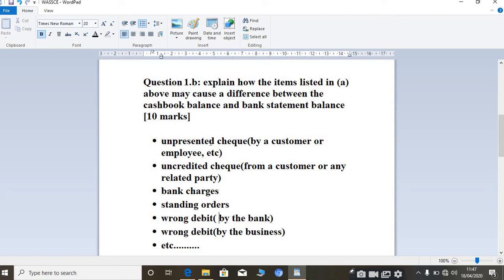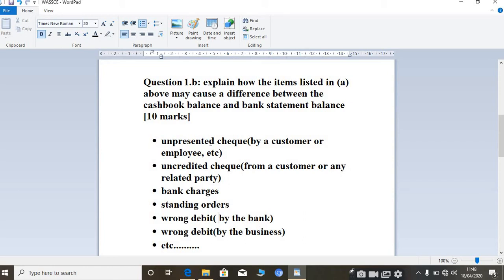So hence, the balance that is being shown on the bank statement is going to be higher than the balance that will be shown in the cash book of the business, because the business has already issued the check and they've credited their cash book. But because the person has yet to present it to the bank for withdrawal, the bank has not received the check and they've not made any debit entry in the bank account of the business. So hence, the two balances are never going to be the same.